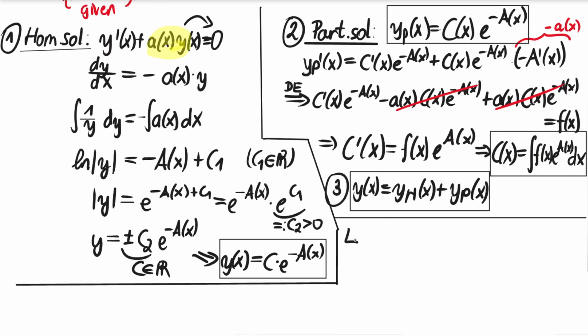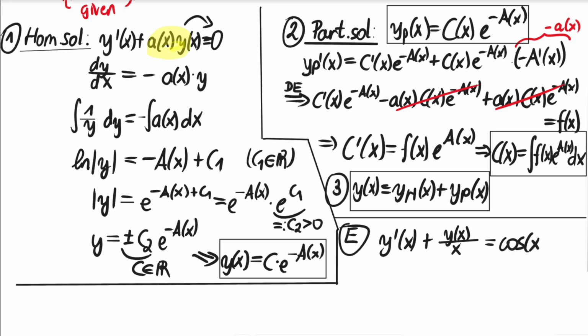So let's look at an example. The first order differential equation, which is linear, you see it here, but there is a non-constant coefficient, so we divide by x here, and the right hand side is cosine of x. And we want to solve this.